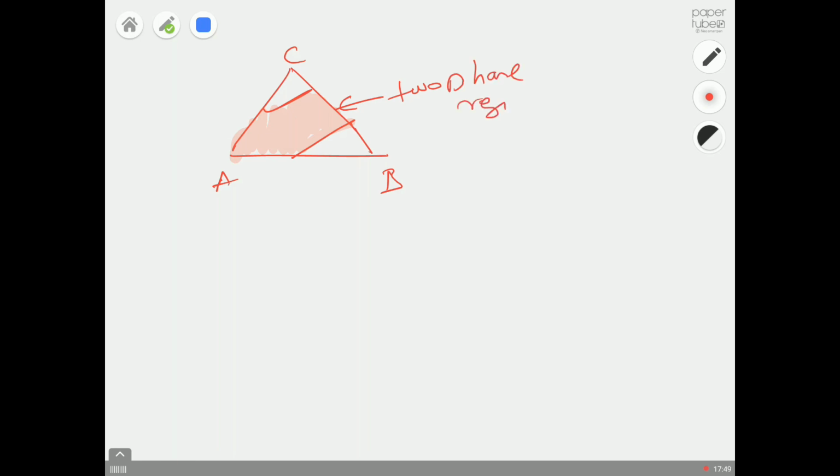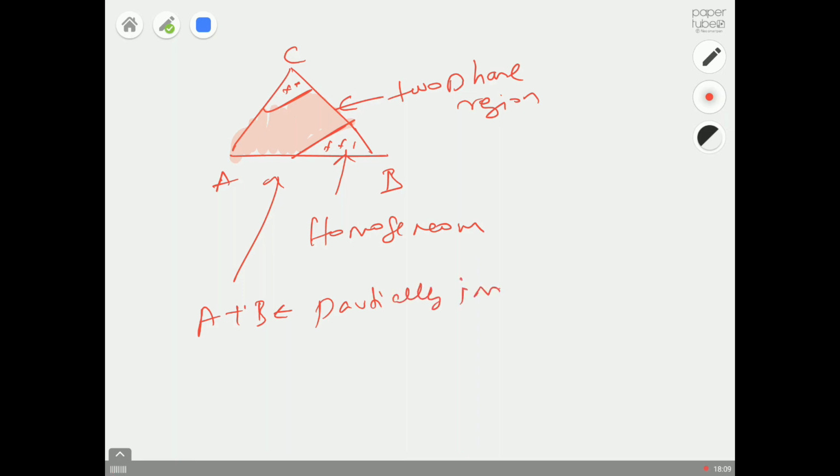Two-phase region, and any point on this side, they are homogeneous. If you look at this graph, you see some line cutting here, A and B. Which means A plus B, they are partially immiscible.